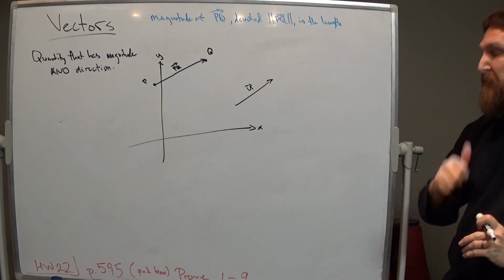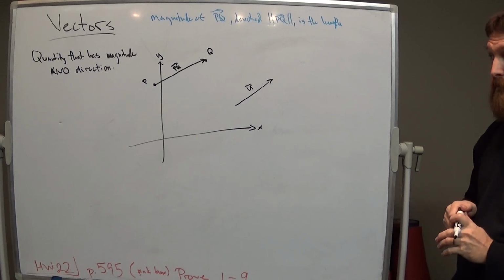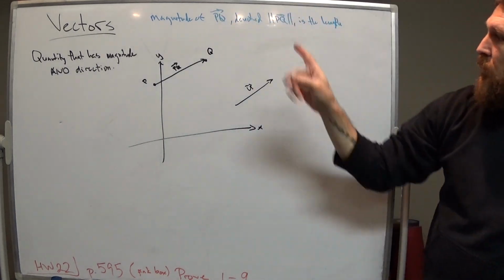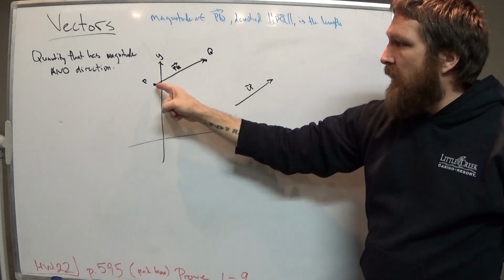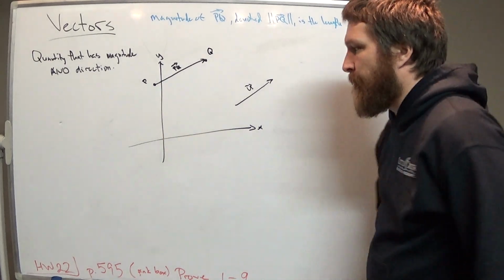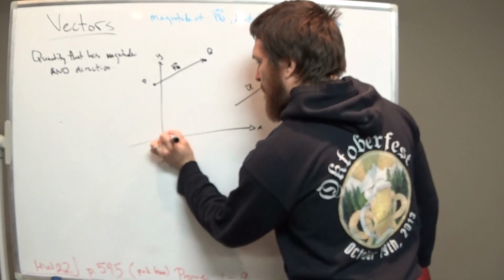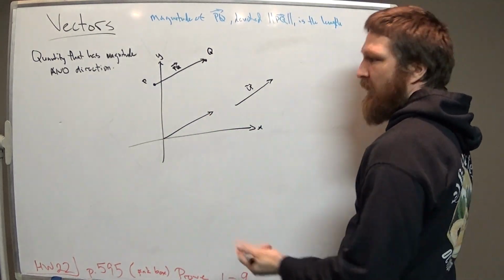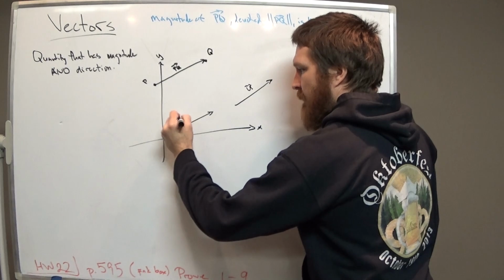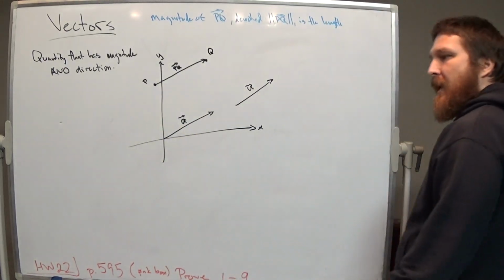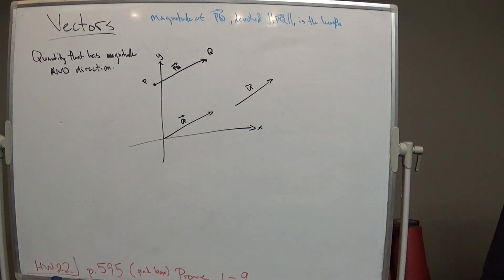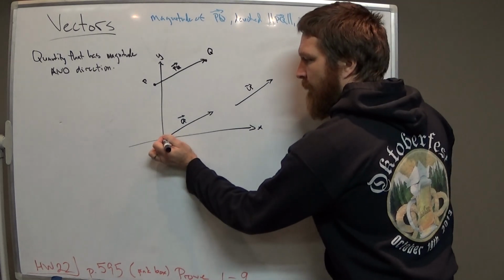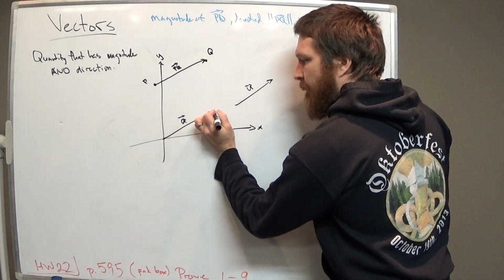And so it's like, well, you know, we could standardize all these vectors. So you take any vector that's floating out in your space, and you just say, you know what? We're going to take your tail and put it right here. And let's give it a new name. Let's just call it A. There's the vector A. Okay. Now check this out. A goes from the origin to some point.